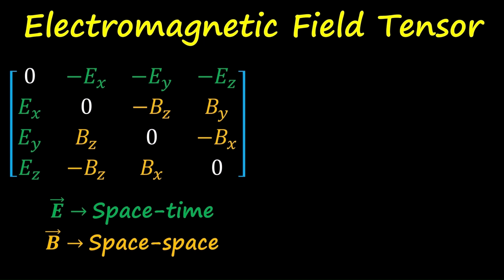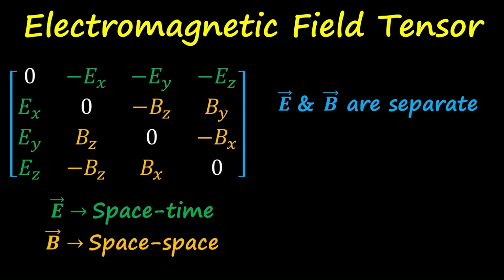This reflects the idea that the electric field affects the acceleration of a charged particle over time, whereas the magnetic field components are purely spatial. That is why the magnetic field affects only the particle direction without changing the speed. And in this representation, we can see that the electric field and magnetic field are separately placed.